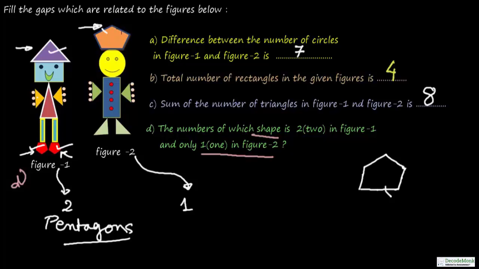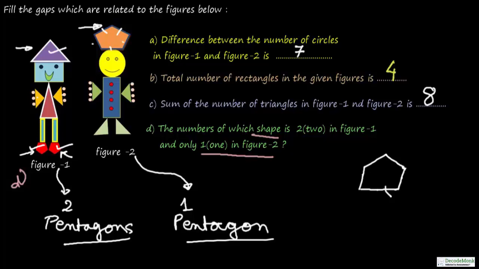It has 5 sides, 1, 2, 3, 4 and 5. Let us see whether there are any other pentagons in the figure. These are circles, the eyes are circular, the body is rectangular. So we think there are no more pentagons in figure 2. There is one pentagon in figure 2.